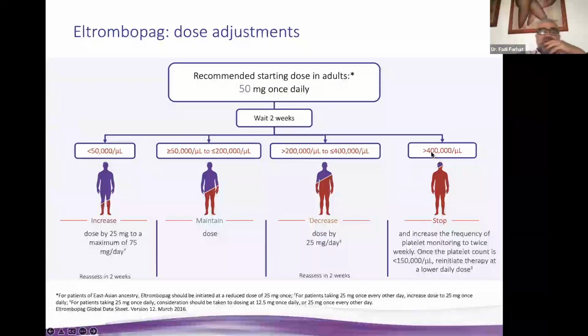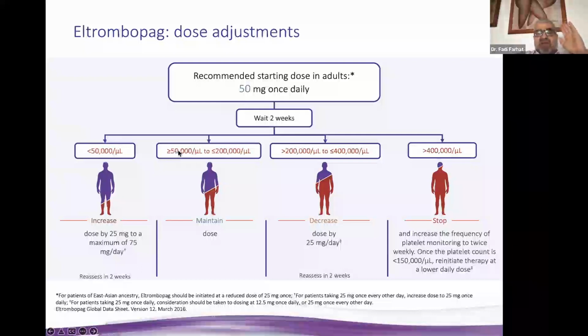If we are observing an overreaction of the bone marrow with an increase of more than 400, we have to stop the treatment. And once platelets are down to 150, we can restart with a lower dose. So again, we start with 50, and if the platelets are less than 50, we increase to 75.